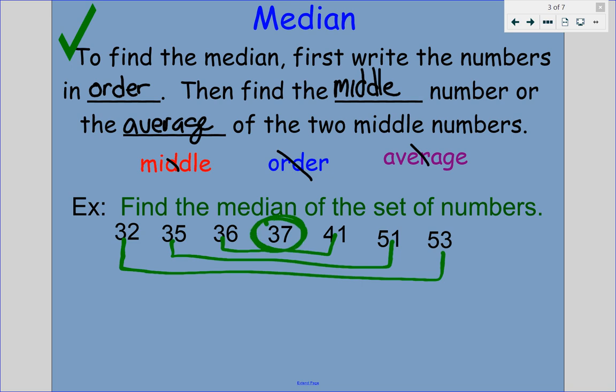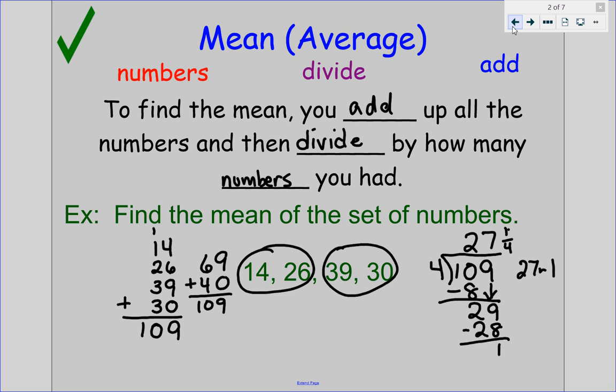So my median is 37 then. That's what we do with the median. We put them in order from least to greatest, and then we find the middle number by pairing them off until we get to the middle. That's the median.